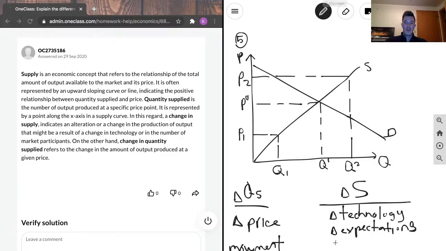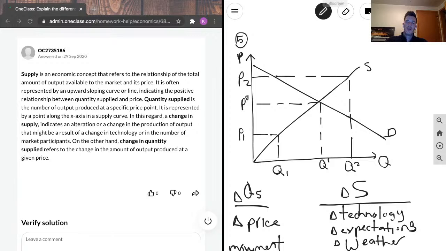If the good is crops maybe, and we have a long prolonged winter, that may reduce the supply of some of the crops. And this is represented by a shift in the supply curve.